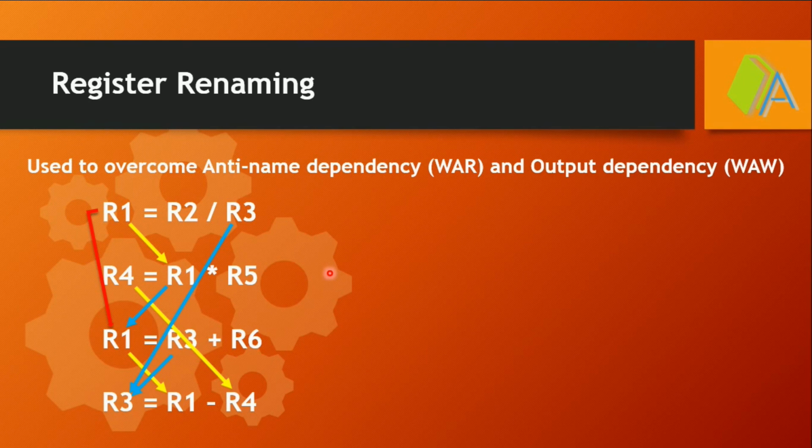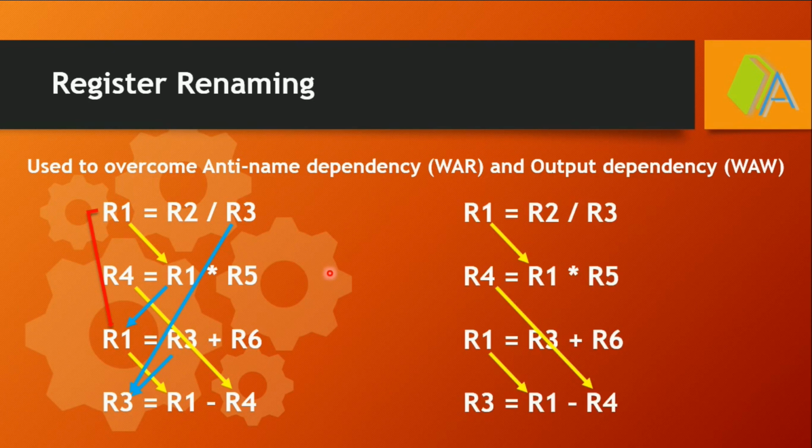While doing register renaming, the compiler has to modify some register which should not have any true dependency on a previous instruction. So consider in this case R3. R3 has an output dependency and anti-name dependency between the third and first instructions.